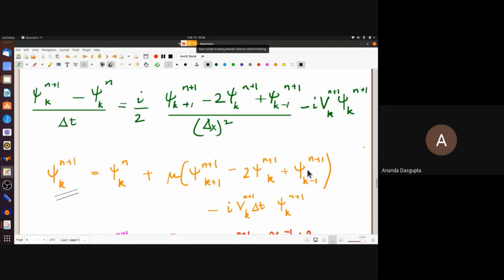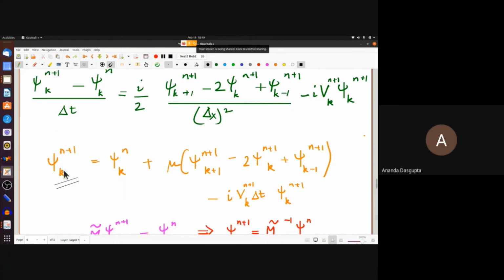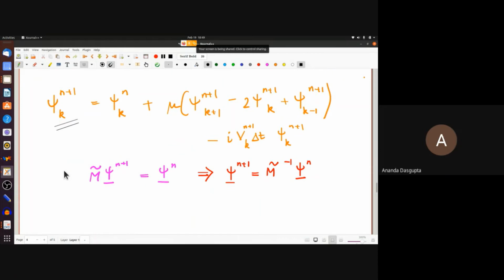So this is a set of equations to solve for psi k n plus 1s. Instead of the simple prescription that the explicit formula gave you, the previous one was an explicit form, this gives you psi k n plus 1, the psi k at the next time step, implicitly. You have to solve for the next time step psi k's. But it's pretty easy to do.